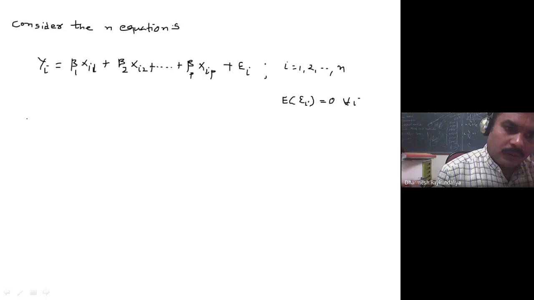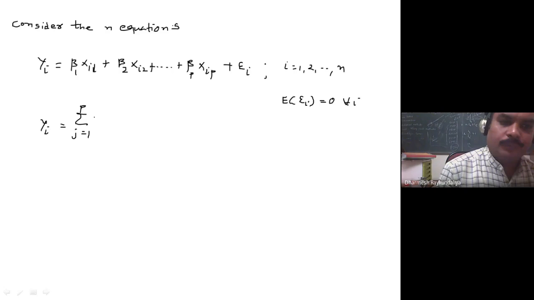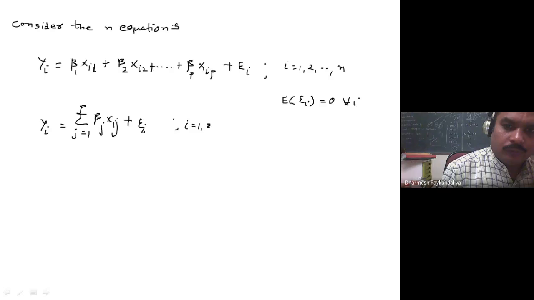The same thing you can write in this structure: yi is equal to the summation over j running from 1 to p of beta j xij plus epsilon i, where i runs from 1 to n, because there are n observations.